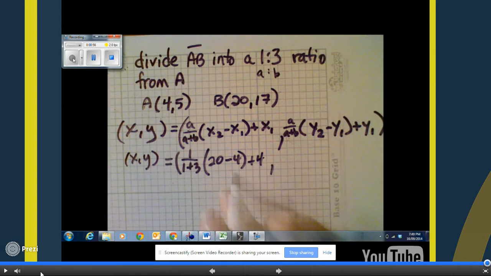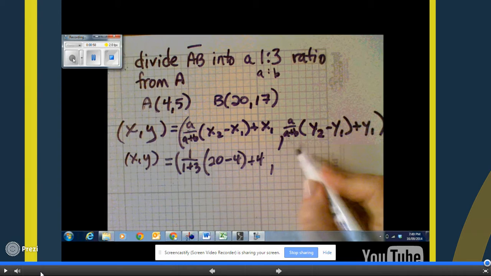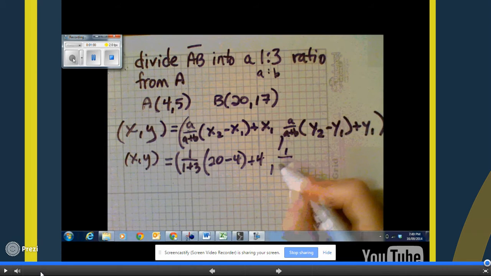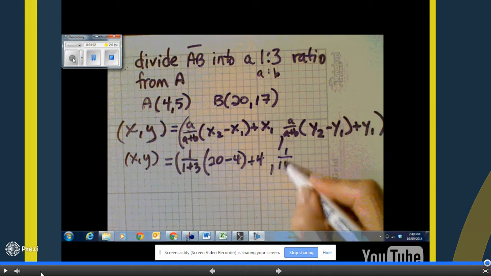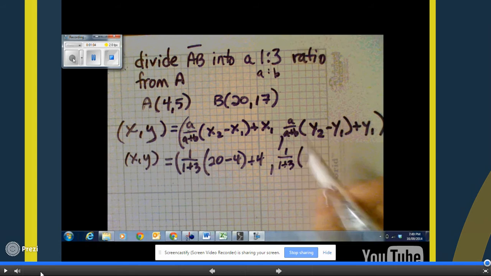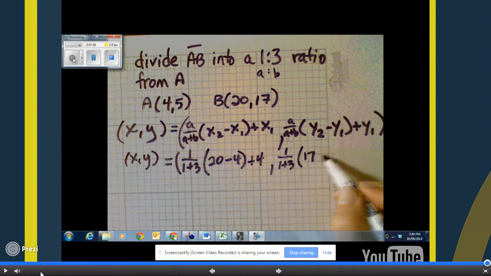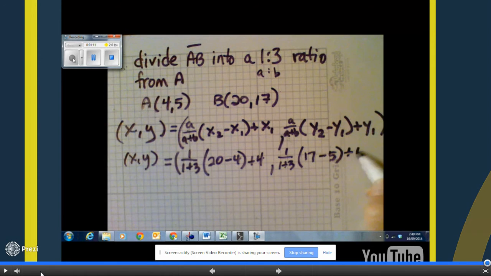Okay, so that's our x coordinate. And now the y is 1 over 1 plus 3, times y2, which is 17, minus y1, which is 5. And we add it back to the y1.